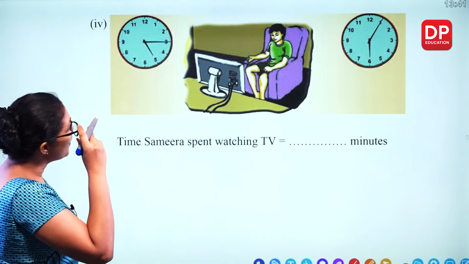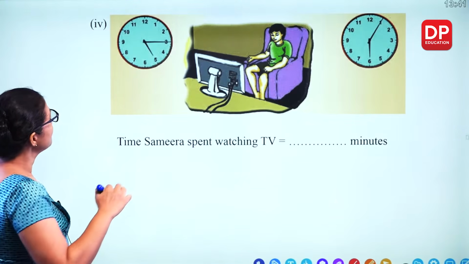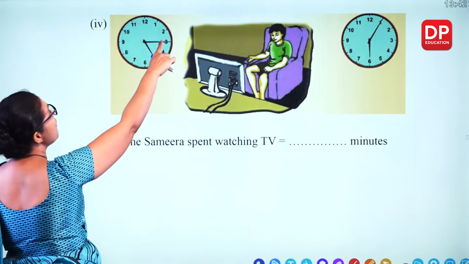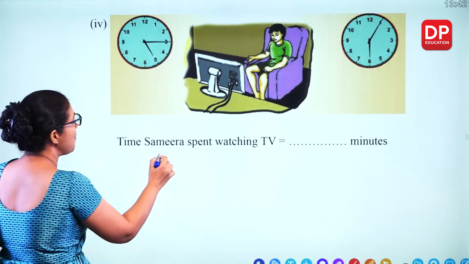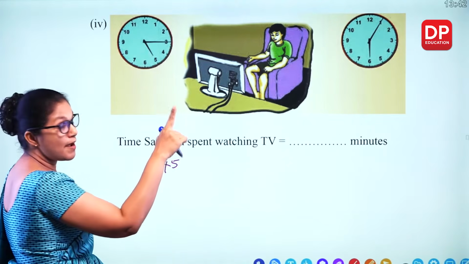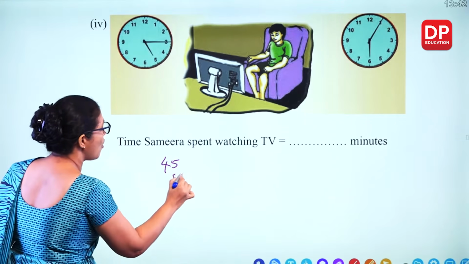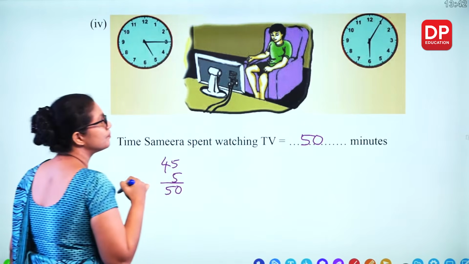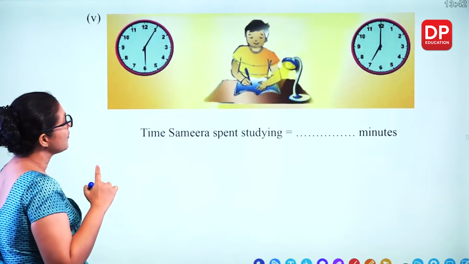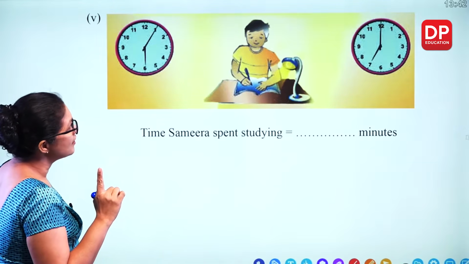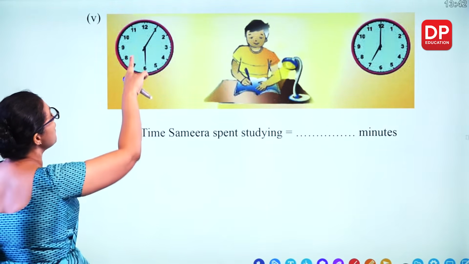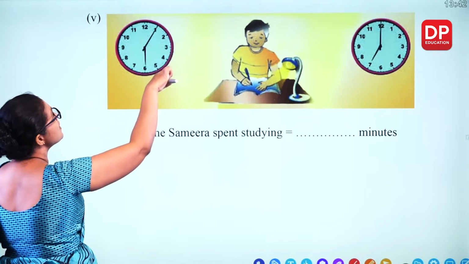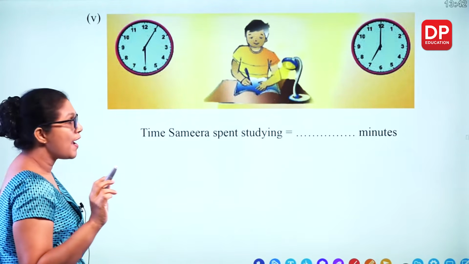Next, time Samira spent watching TV. 5:15 to 6:05. 5:15 to 6 o'clock is 45 minutes, and another 5 minutes, altogether 50 minutes. Time Samira spent studying. 6:05 to 7 o'clock, you get 55 minutes.